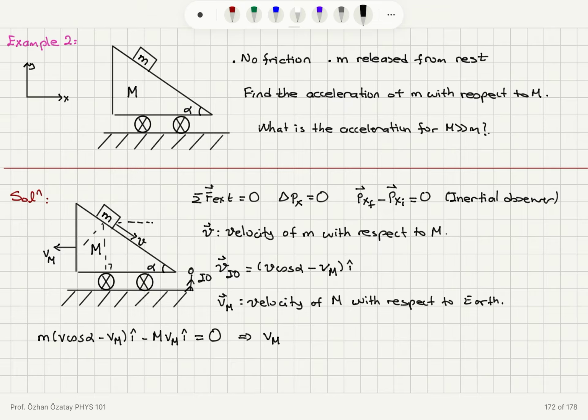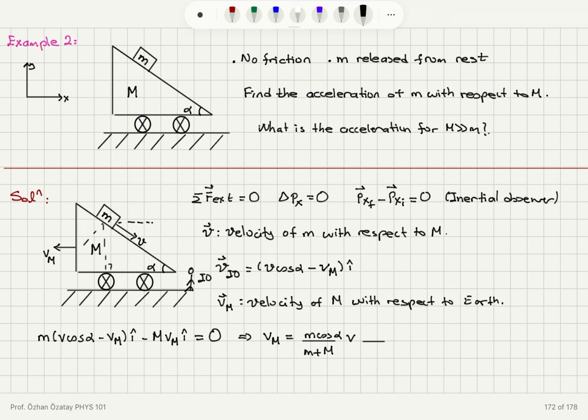V capital M is m cosine alpha divided by m plus capital M times v.